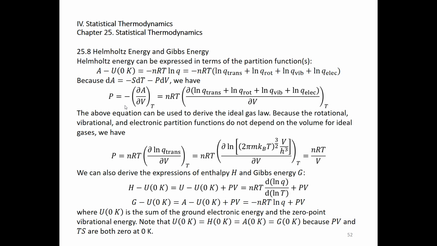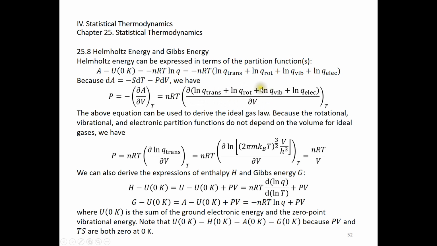Now let's look at ideal gases. For an ideal gas, we can get the expression for the translational, rotational, vibrational, and electronic partition functions. The last three components do not depend on volume at all. So if you take the derivative of ln q rotational with respect to V, it's 0.